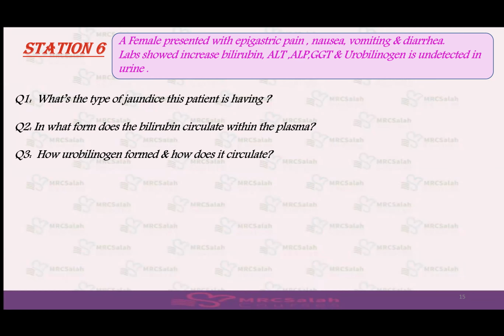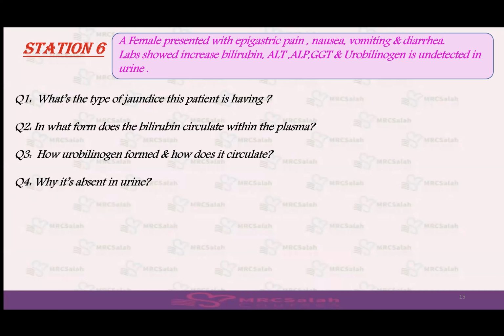And the reabsorbed urobilinogen is again excreted by the liver into the systemic circulation and goes to the kidney and is excreted in urine. Yes, and it gives the urine its yellow color.